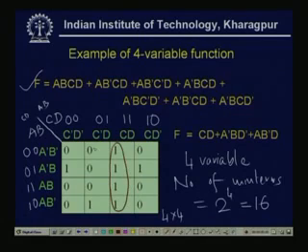This is one quad. Now, see here there is another couple and another couple. If I fold, I can put this, and these are one couple. So, two couples and one quad exist in the 4 variable function given.